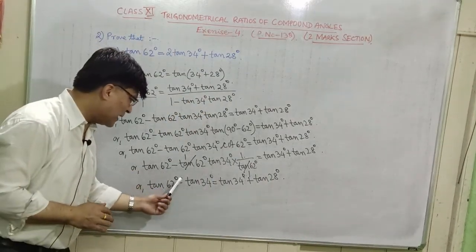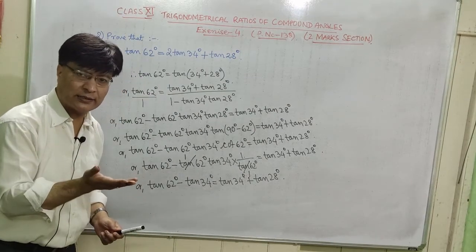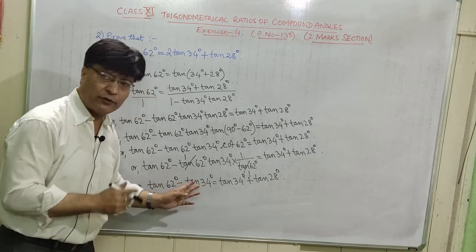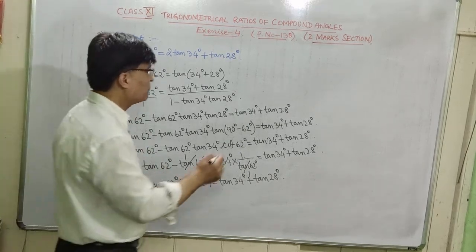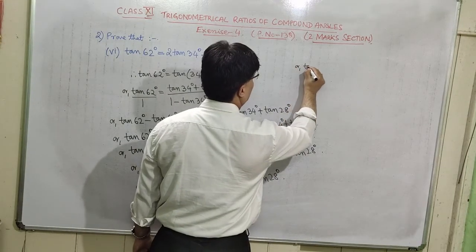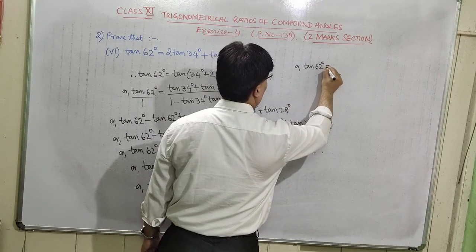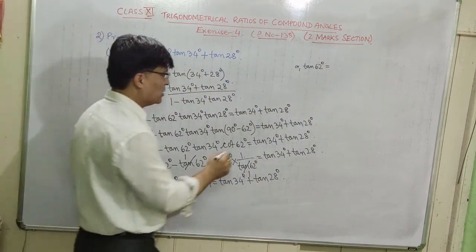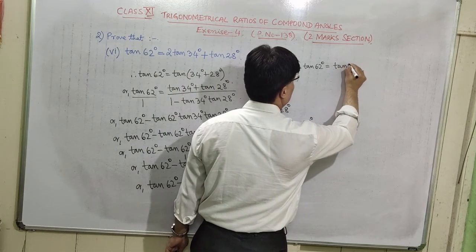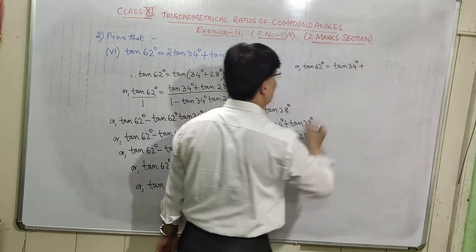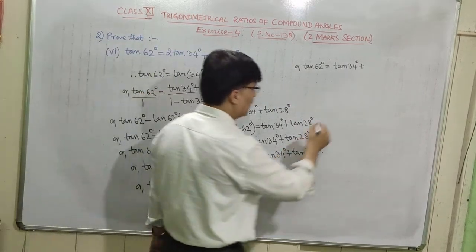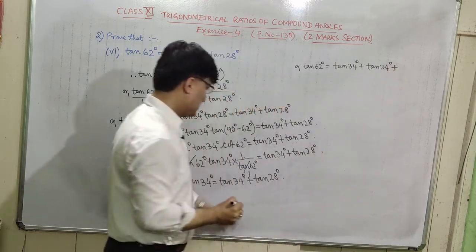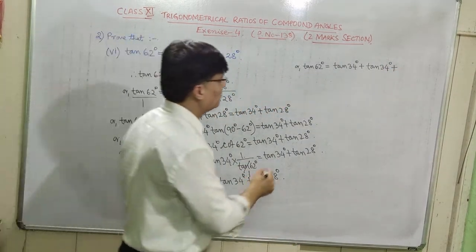Now let us take this minus tan 34 degree to the right hand side, which is on the left hand side. Now this minus tan 34 degree can be taken to the right hand side. So now it is tan 62 degree, which is equal to, now this minus tan 34 degree is taken to the right hand side, so it is plus tan 34 degree plus, then again tan 34 degree plus tan 28 degree.